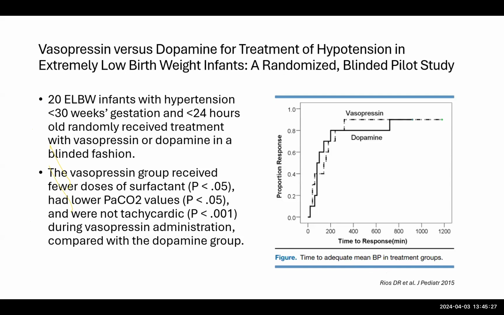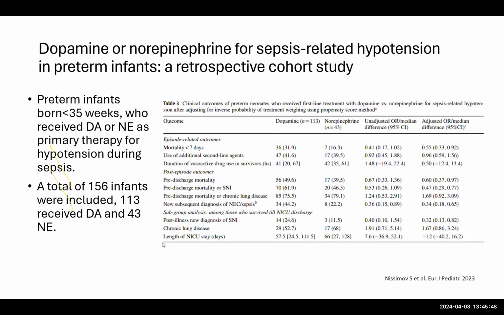What they found is that the vasopressin group received fewer doses of surfactant, had lower PaCO2 values, and were less tachycardic. So this gives us some good ideas that vasopressin can be a reasonable option in infants with significant hypotension.